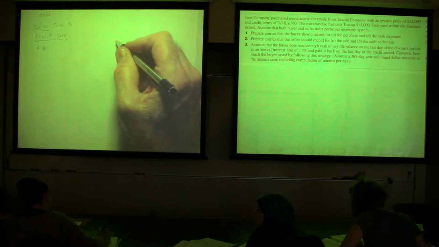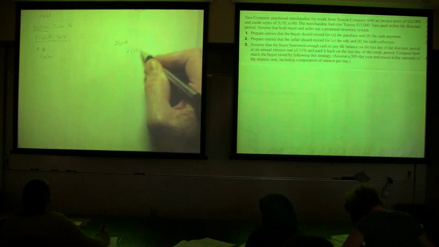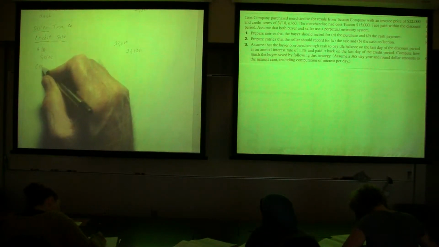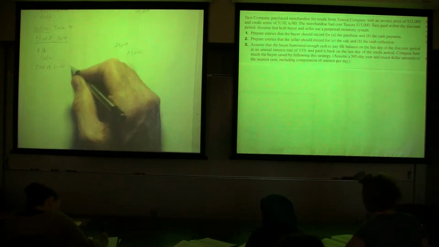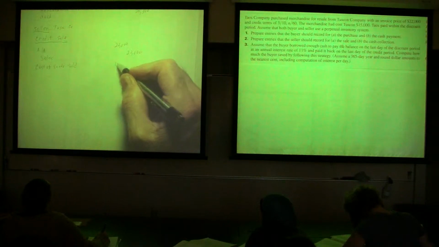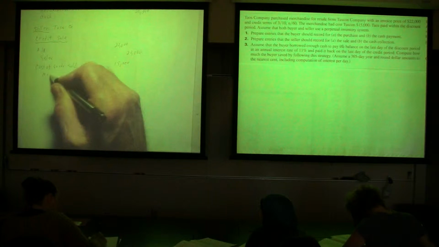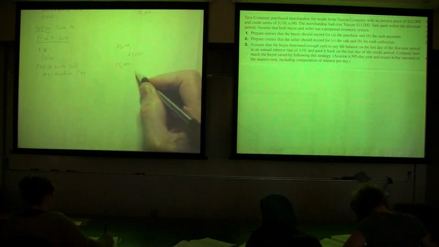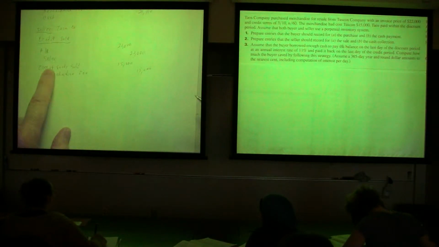Accounts receivable is debited for 22,000, and sales is credited for 22,000. Okay. Then we're going to update the expense account. Cost of goods sold is the expense, and we're going to debit it for the 15,000 and credit merchandise inventory for the 15,000. So what happens here is this asset is now converted into an expense.